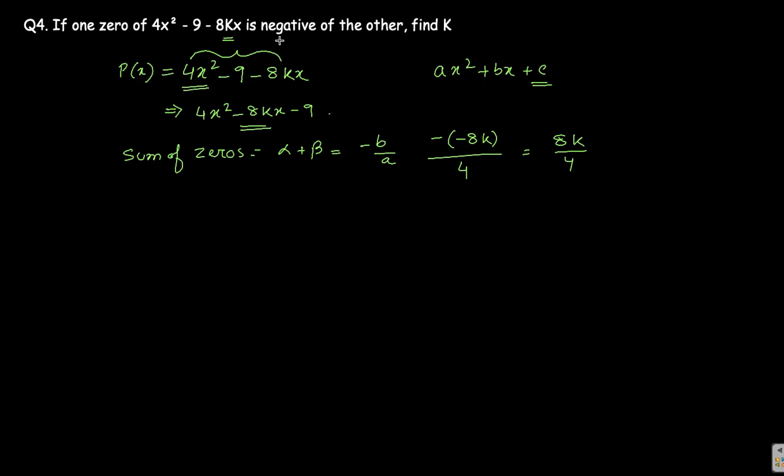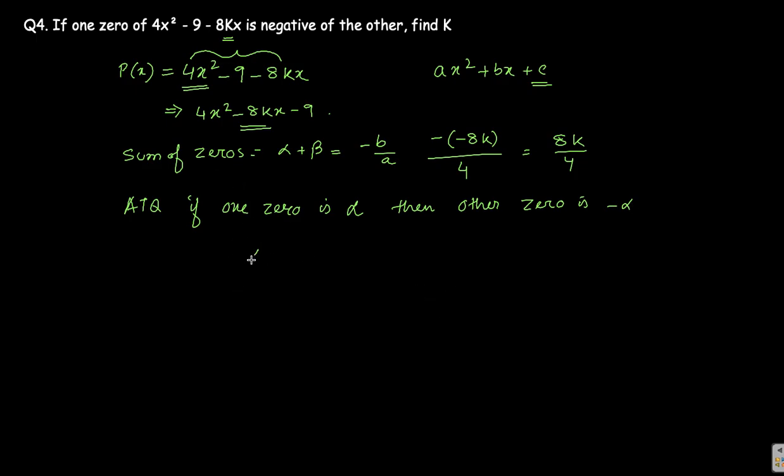Now one of the zeros is the negative of the other. According to the question, if one zero is alpha, then the other zero is minus alpha.